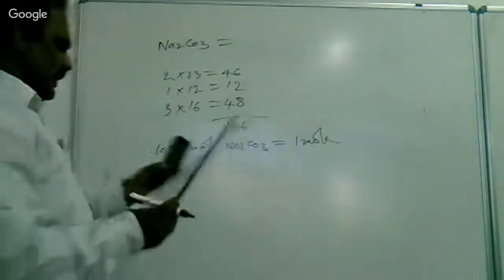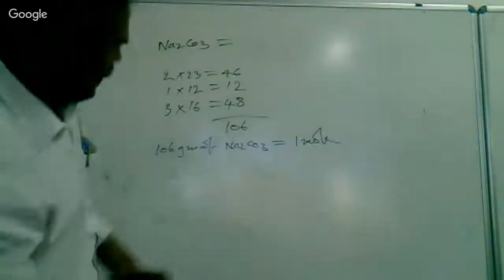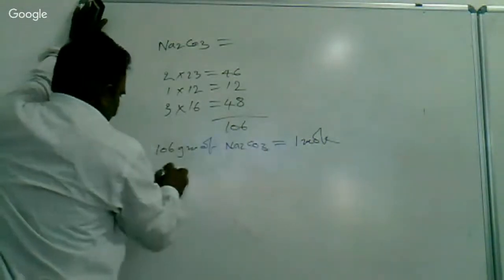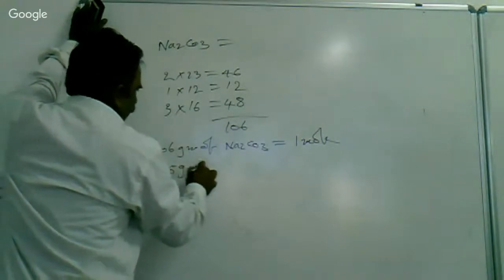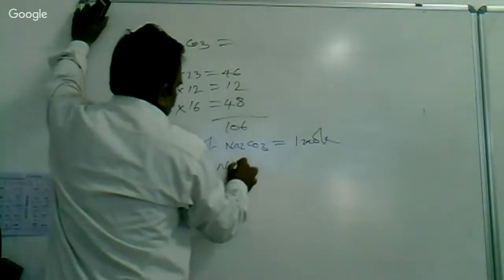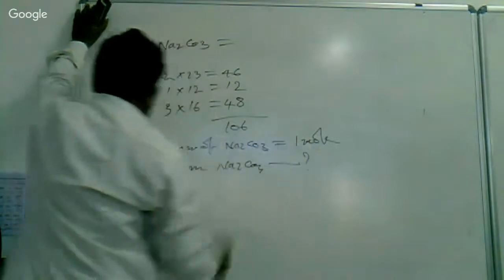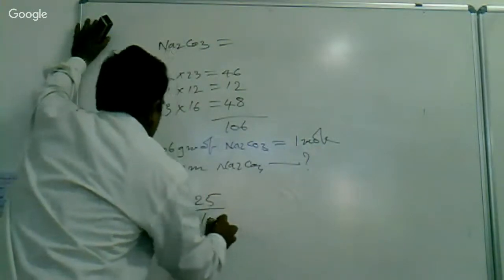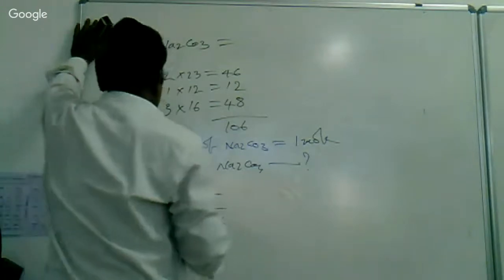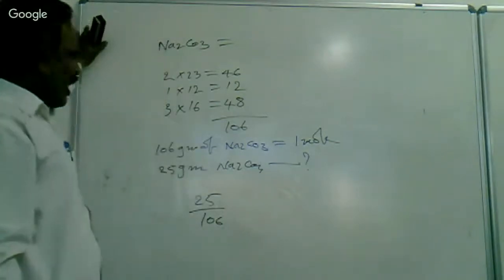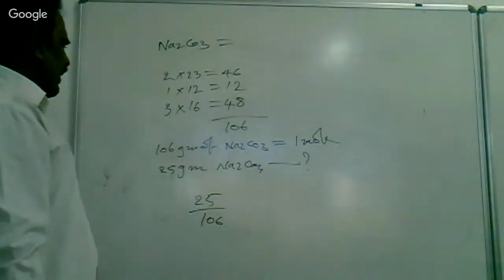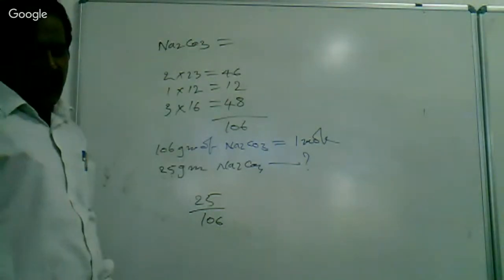The given mass is 25 grams. So 106 grams is 1 mole, 25 grams of Na2CO3, how many moles? So 25 by 106, that gives the number of moles of sodium carbonate in 25 grams of sodium carbonate.